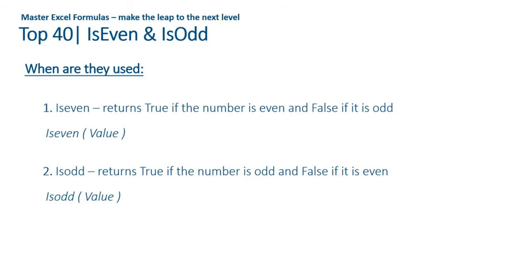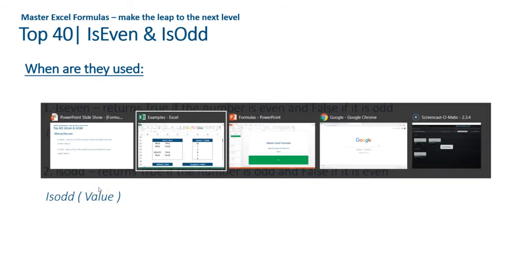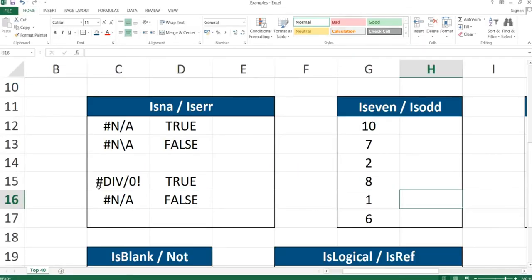The structure of the two formulas is very simple, of course, and to show you an example of this, I have just created this table here. We have an array, the range here, and we want to see which ones are even numbers.